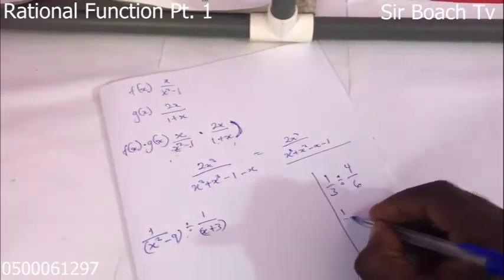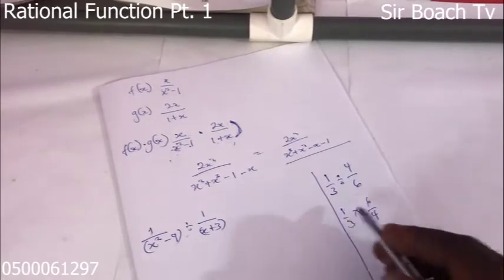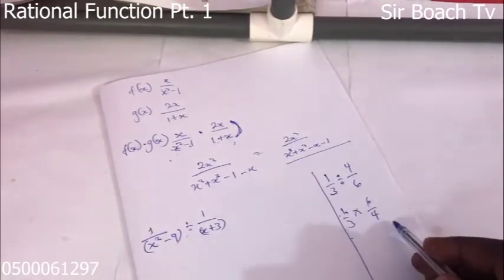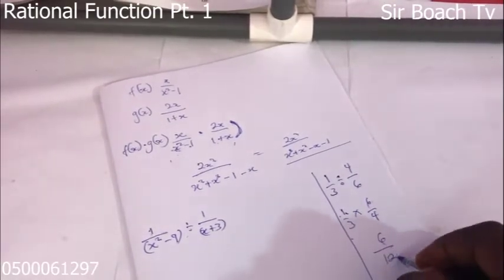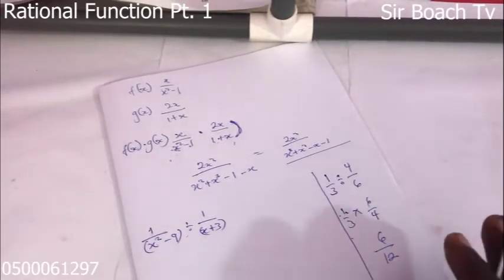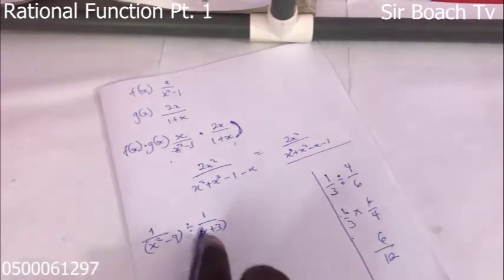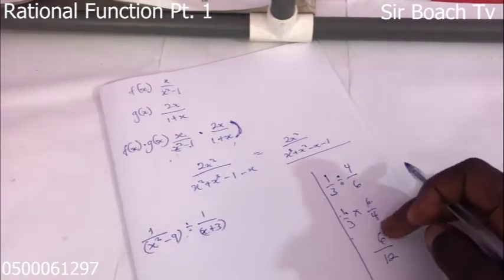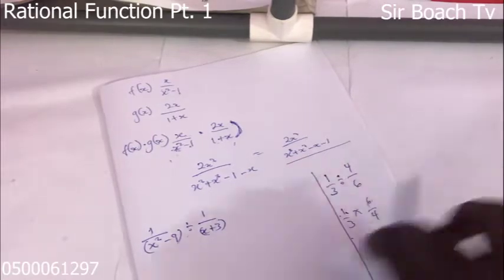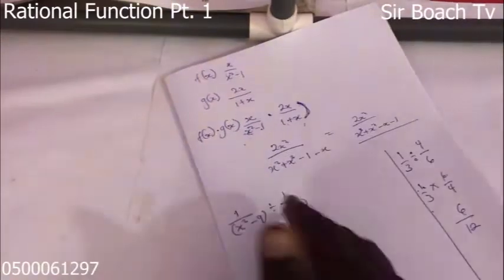So we are going to get 1 over 3 times 6 over 4, right? Then we multiply top by top and down by down. So we are going to get 6 over 12. Then we cancel. You understand? The cancellation is not an issue now. I want you to know that we reciprocate this one. So the same thing that we will do over here. After we reciprocate this one, the sign will change to multiplication. Are we good?